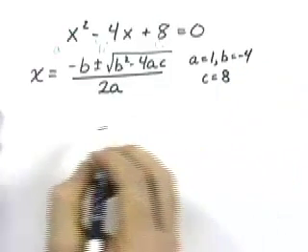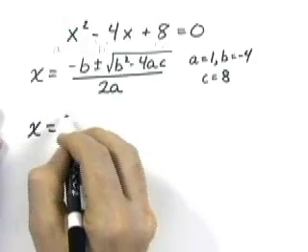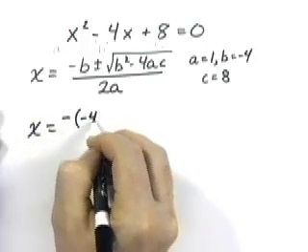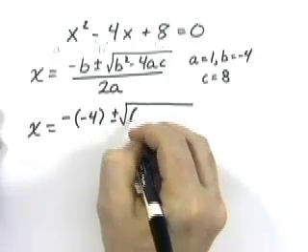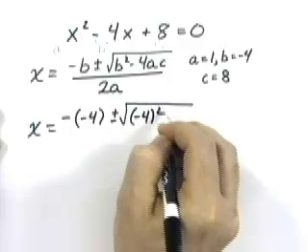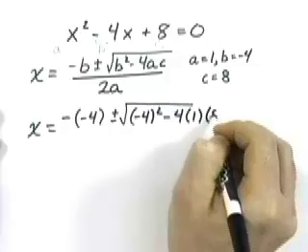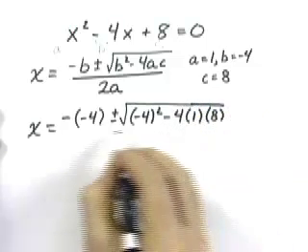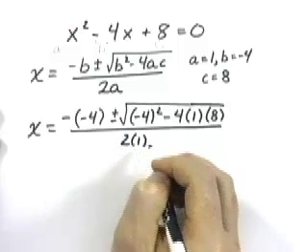So all we need to do is substitute into the formula to solve the equation. We're going to get that x equals negative of a negative 4, plus or minus the square root of negative 4 squared minus 4 times a times c. We then divide this entire result by 2 times a, 2 times 1.